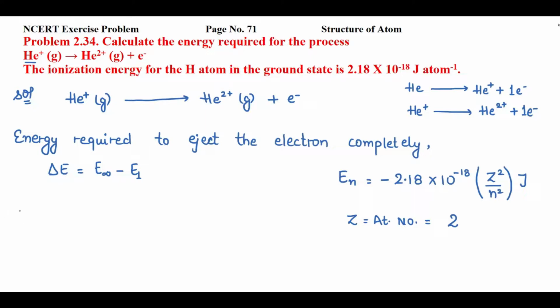So you can write over here, for n equal to infinity, E∞ equals minus 2.18 × 10⁻¹⁸ × 2², because we have to put the value of Z over here, divided by infinity squared, right? So we'll mention joule with this.